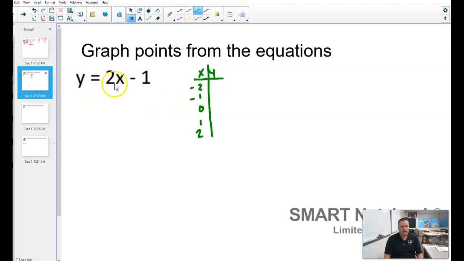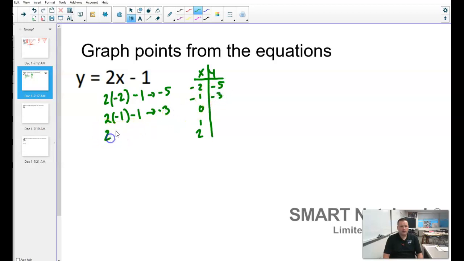So for this one, I'm just going to plug in -2, so that would be 2 times -2 minus 1, which when I simplify that, gives me -5. Okay, so that's the y value that corresponds with -2. Then I'm going to plug in -1, so it's going to be 2 times -1 minus 1, so this will be -2 minus 1, which will give me -3.